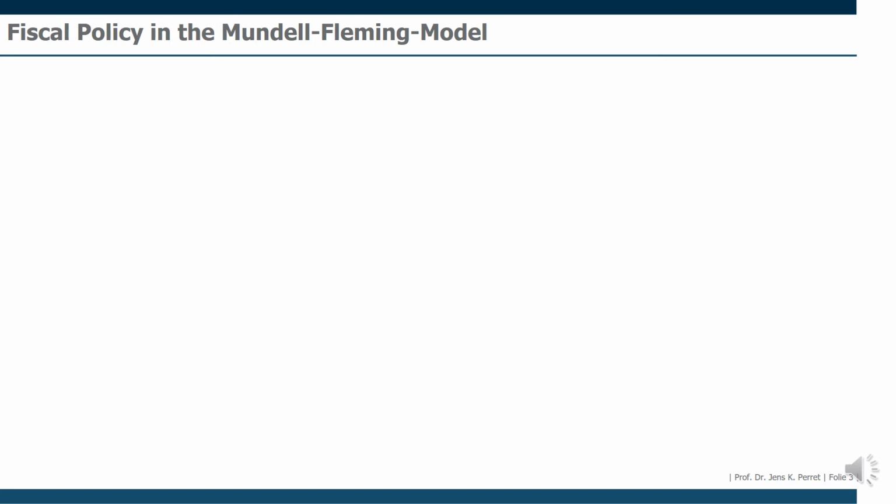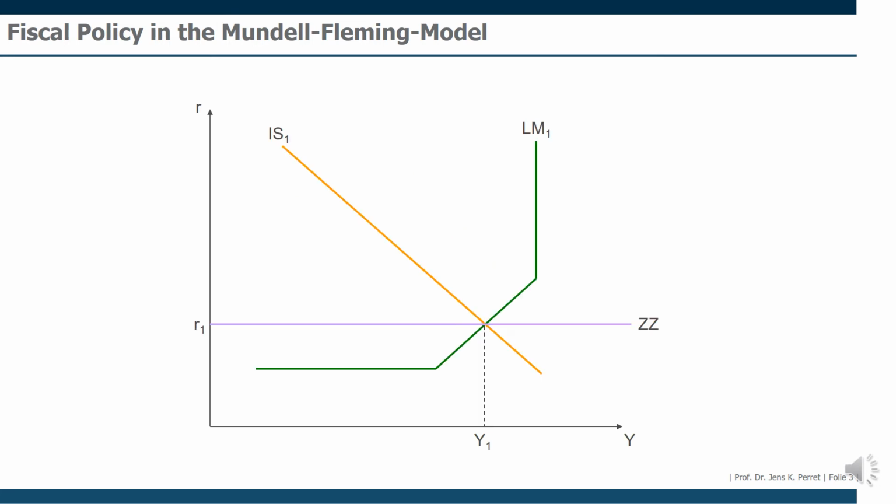For this, I'm going to switch to the next slide. Same original situation: expansive fiscal policy, movement of the IS curve, getting a new interest rate which is larger than the global one. So we get a lot of capital inflows. The euro would appreciate. Now we have fixed exchange rates, so the euro is not allowed to appreciate.